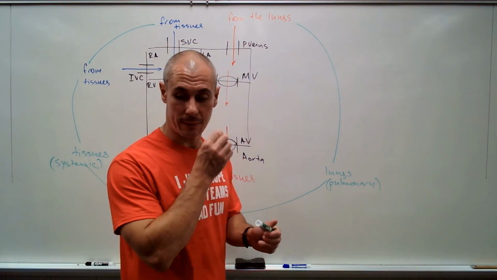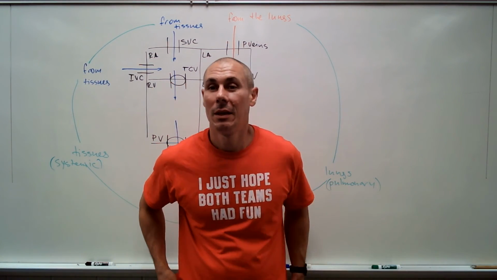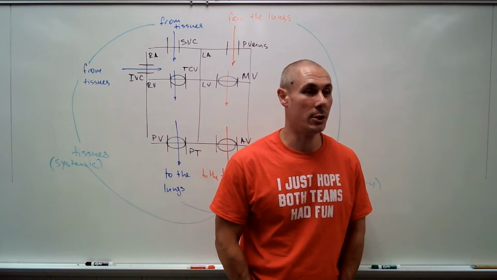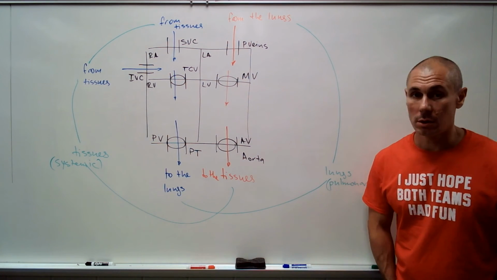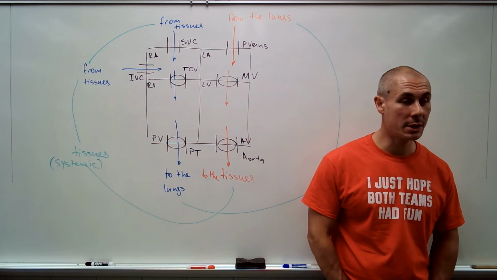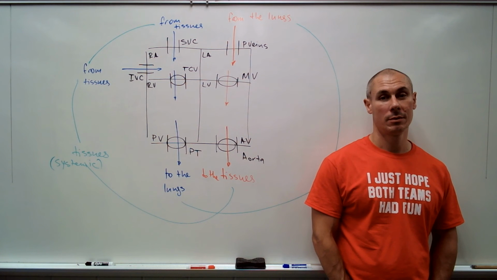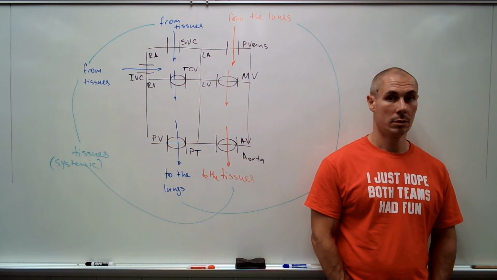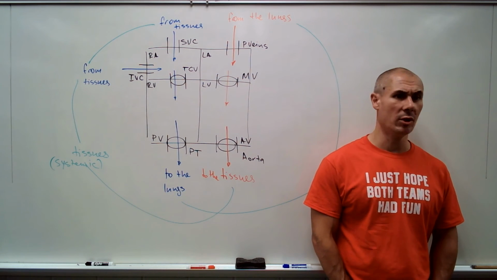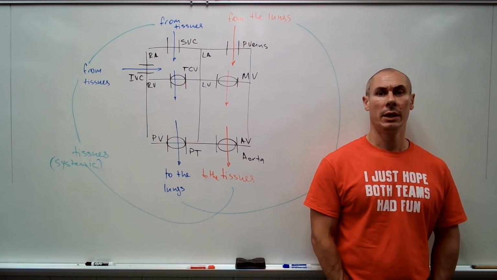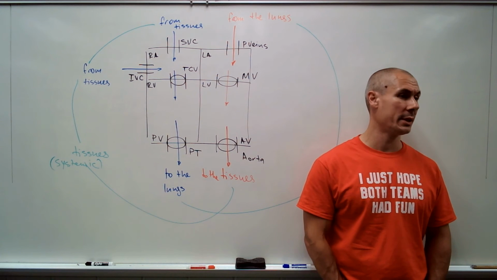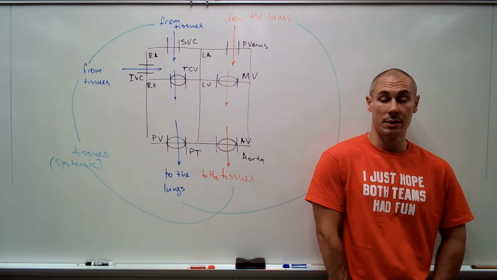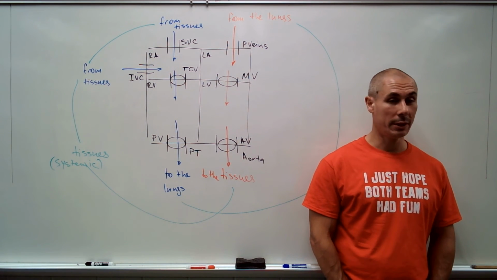Are we clear so far? Okay, so here's the question. Which circuit, pulmonary or systemic, is bigger? Physically, anatomically bigger? Systemic, of course, yes. You have a lot of tissues, a lot of organs, liver, kidneys, stomach, all intestines, brain, all that kind of stuff, muscles for that matter. Am I clear?